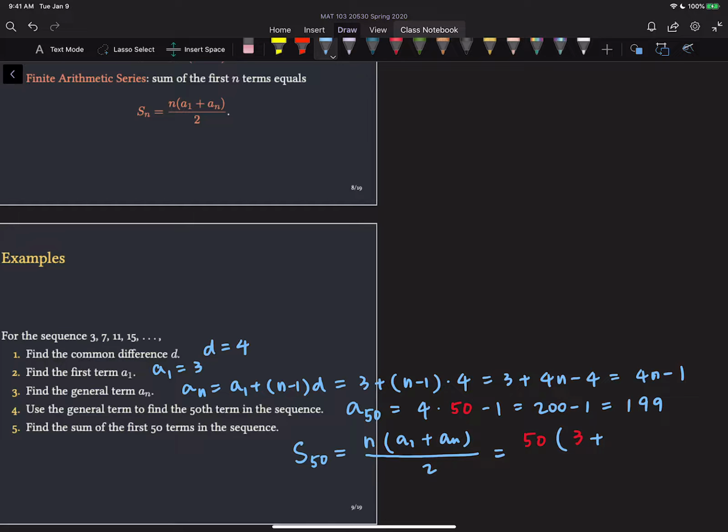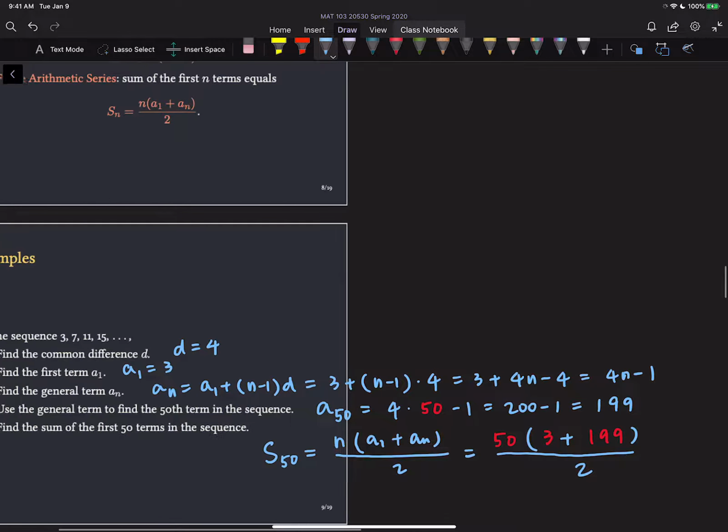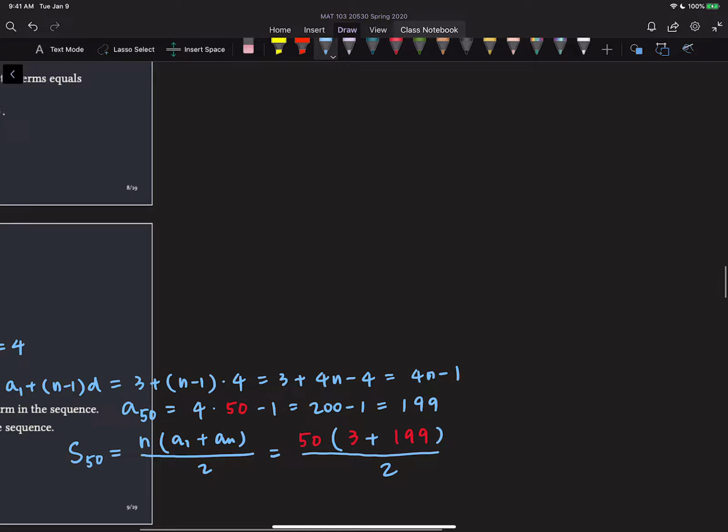We just calculated a50 above, which is 199, and divided by 2. So this will be the expression to calculate the sum of the first 50 terms in this particular arithmetic sequence. If you calculate that, you should get 5050 for the sum of the first 50 terms in the sequence.